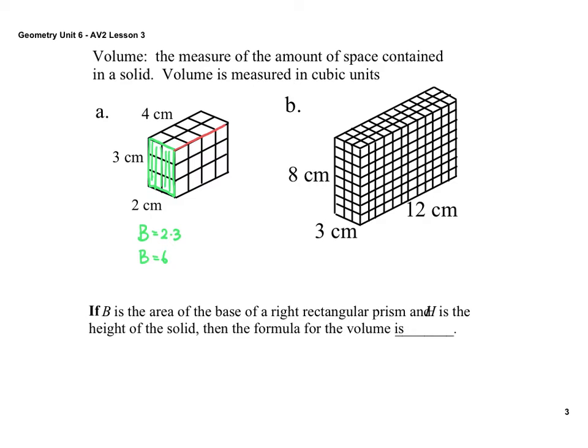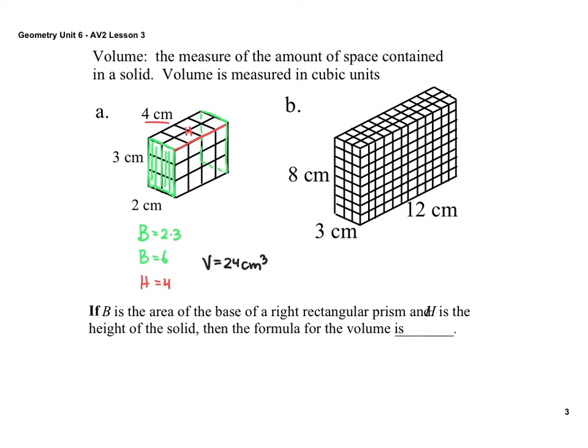The height is going to be the distance between the bases. You can see that the other base would be on the other side. I could give a little perspective here. The red length would be the height. Of course, the red length we can identify as 4. You could count up, counting even those cubes that you can't see within this visual, but we would get 24. The volume in this case would be 24 centimeters cubed.